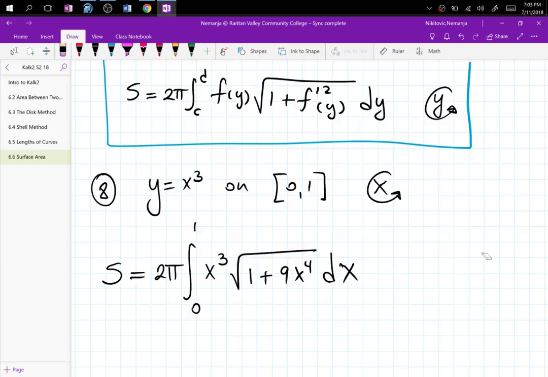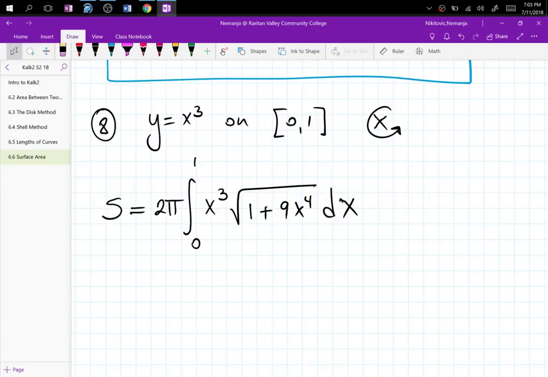So this is one of the examples where you would use u substitution. Very good. So u is equal to 1 plus 9x to the fourth. The derivative du is 36x cubed dx. I don't have 36, so I am going to put 36 and over 36, and that cancels to 18.